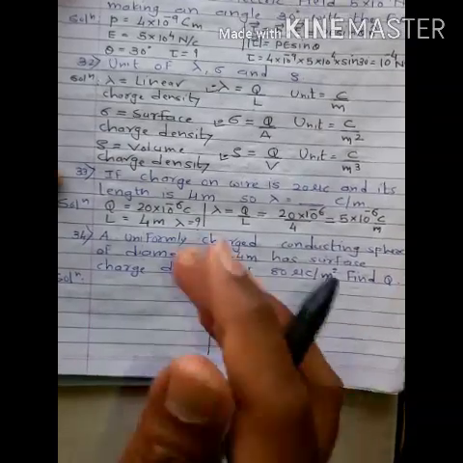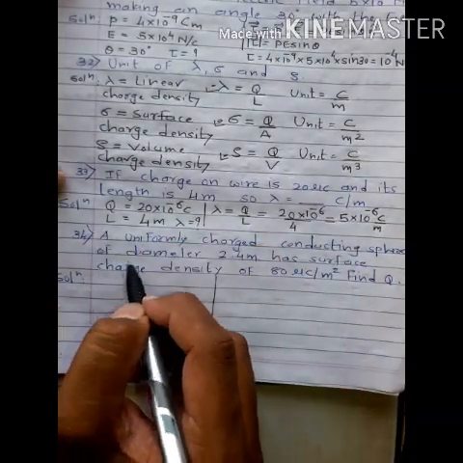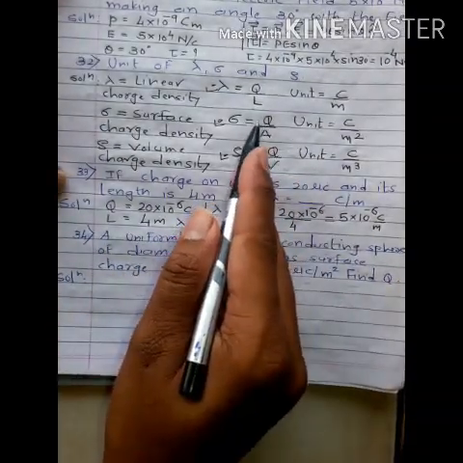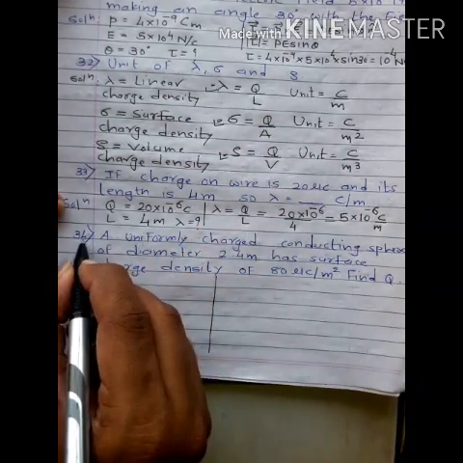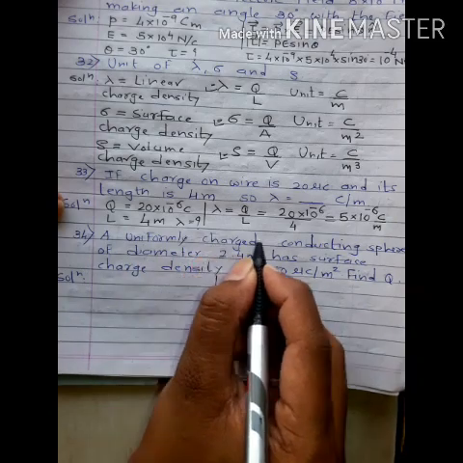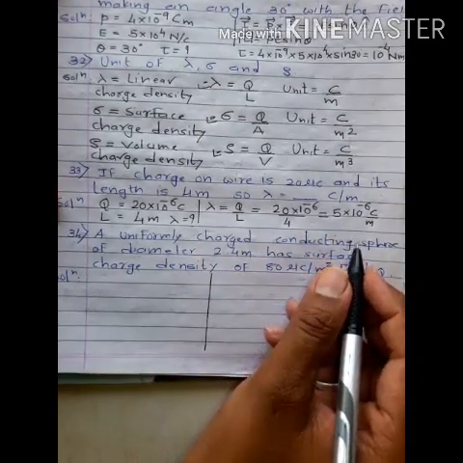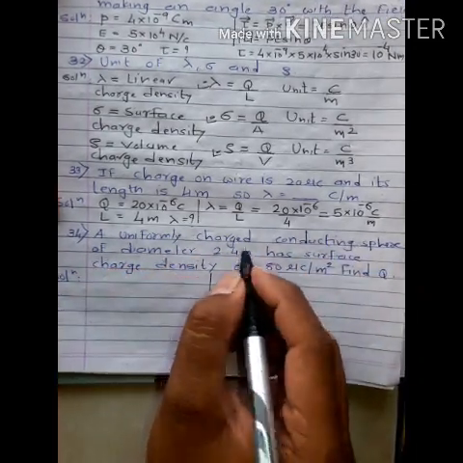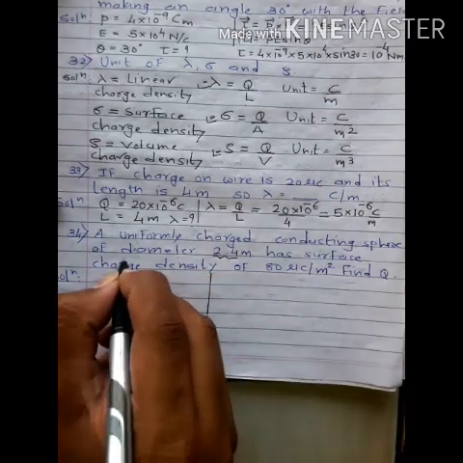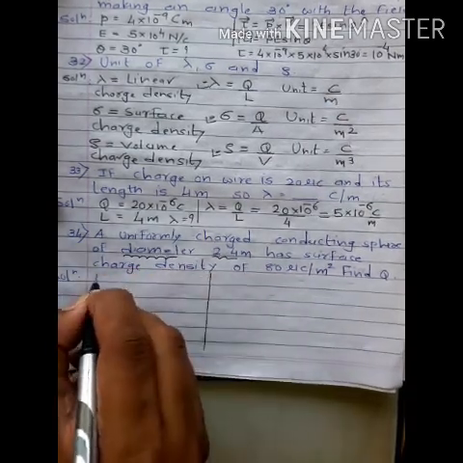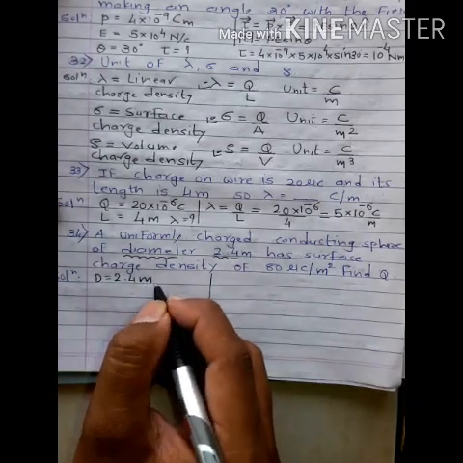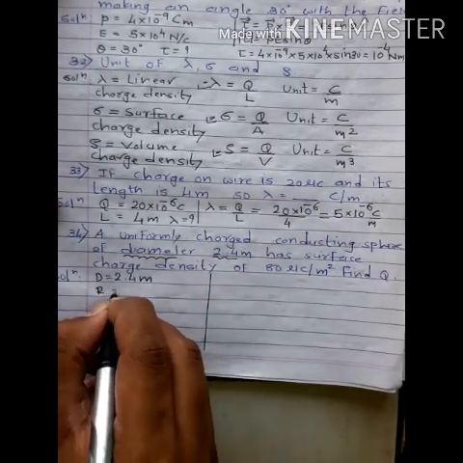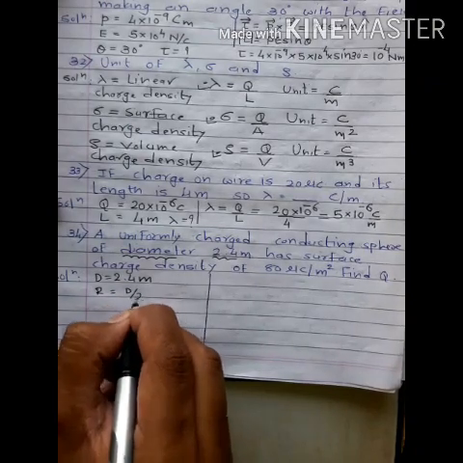Next MCQ. This MCQ is based on surface charge density, sigma, Q by A. MCQ number 34, a uniform charge conducting sphere of diameter 2.4 meter. So diameter is given, D is equals to 2.4 meter. We have equation of radius. Radius R is equals to D by 2.